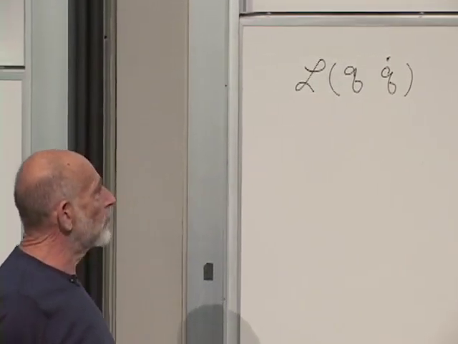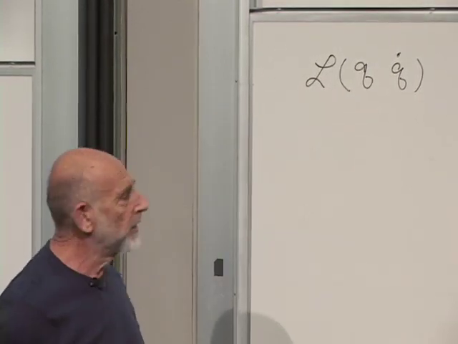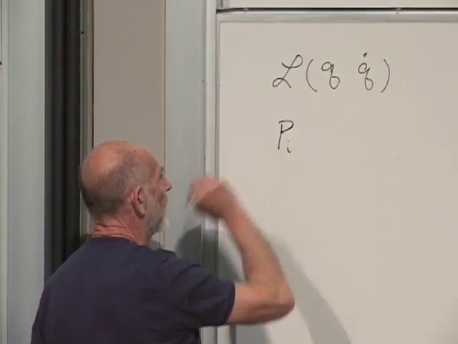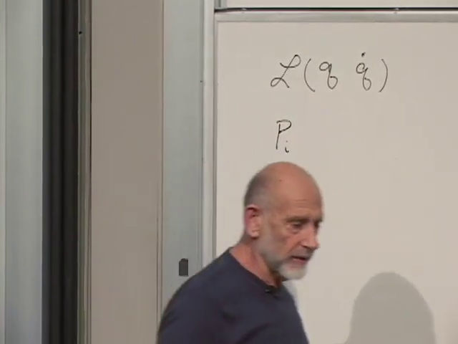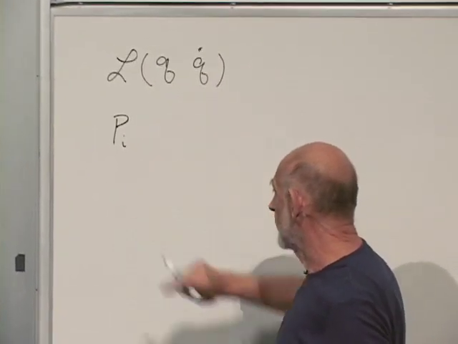Now, what's the canonical momentum conjugate to a given q? Look, there may be many q's. All right, so what's the momentum? Let's call it P sub i. That's the canonical momentum related to the ith coordinate: partial of L with respect to the velocity.